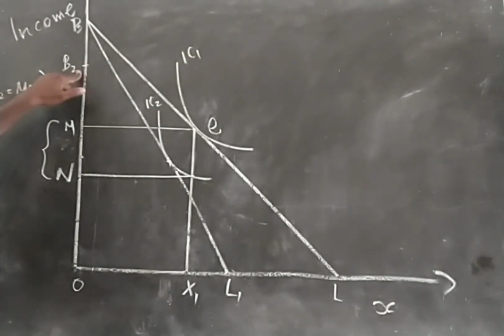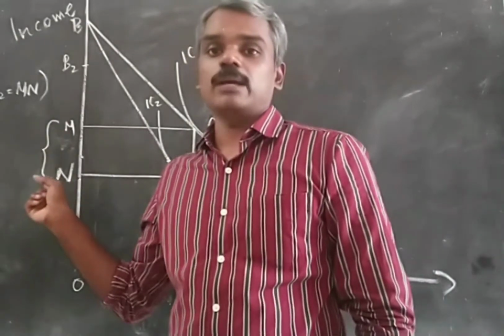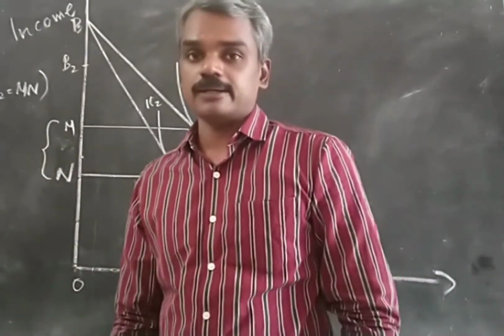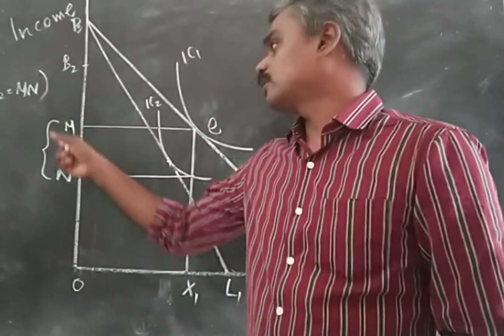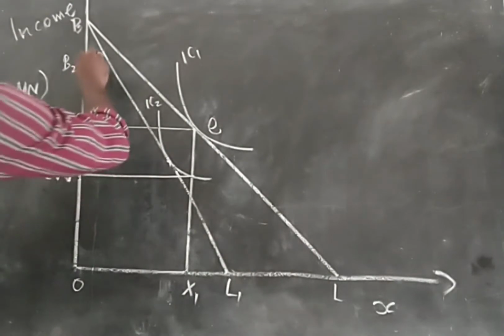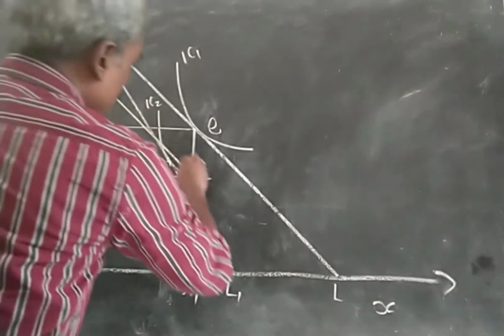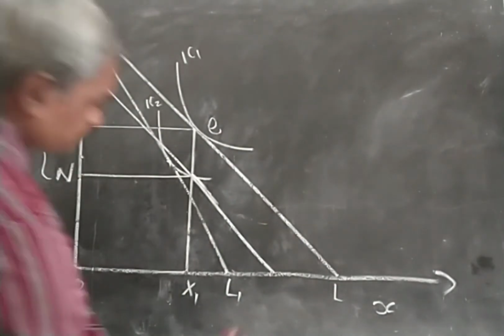Why have we identified this point as the starting point of the budget line? Because we are imposing a direct tax equivalent to the amount MN which we raised through an indirect tax. So we have to reduce the income by an amount equivalent to MN. Here BB2 is equal to MN, so MN will be the income lost by the consumer after imposition of a direct tax.